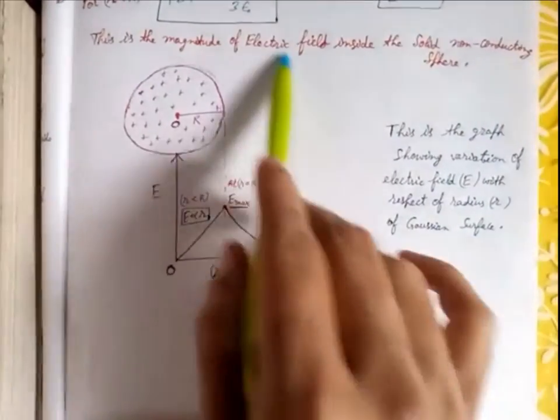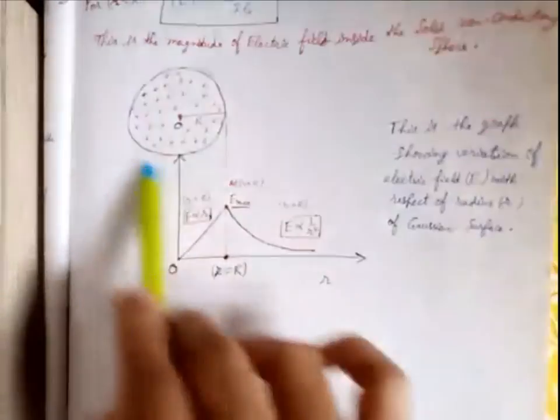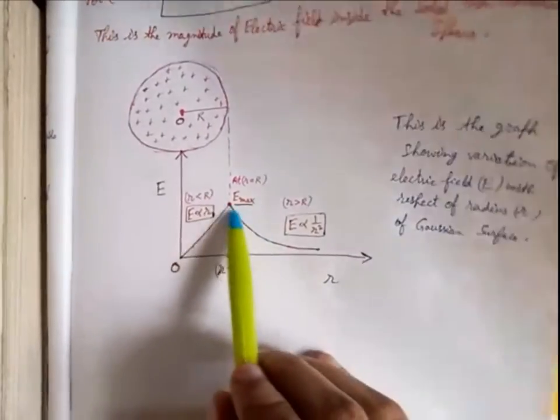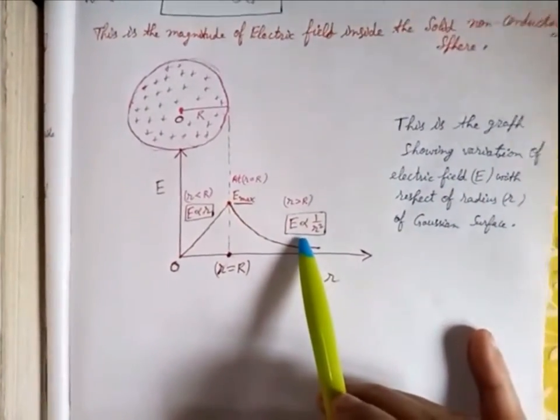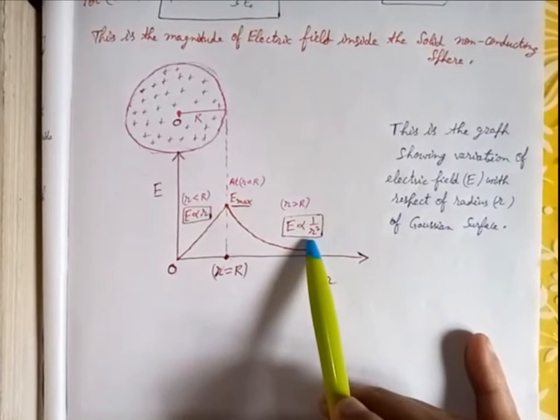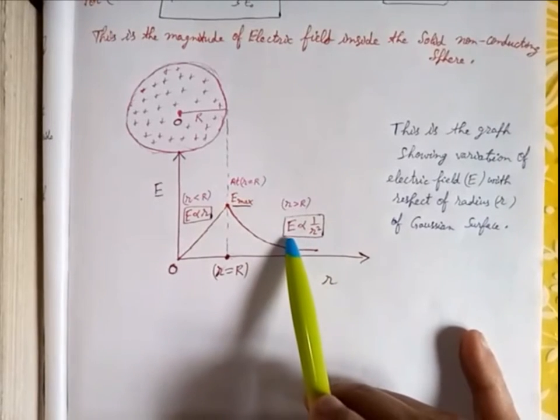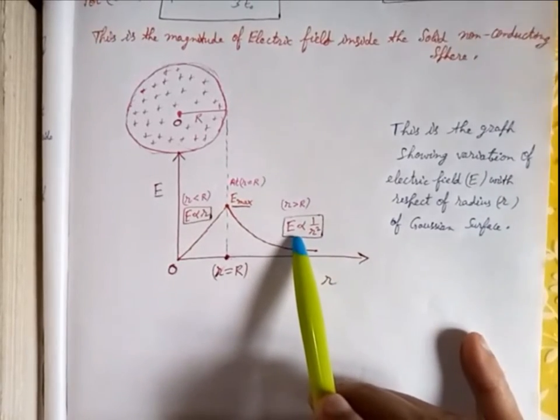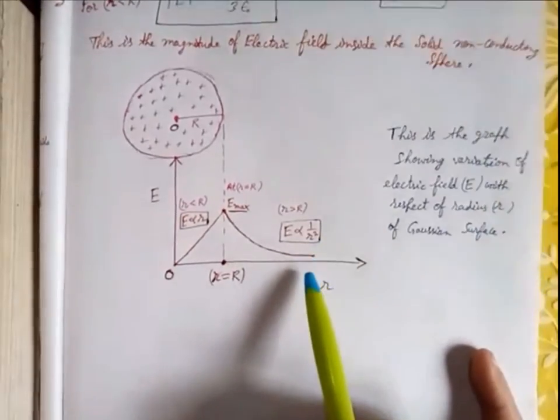Outside the solid spherical shell the electric field is inversely related to the square of the distance r, or we can say the electric field is directly proportional to 1 by r square.